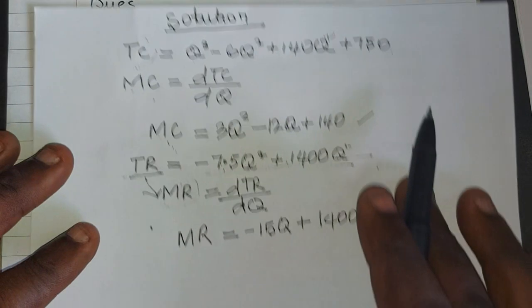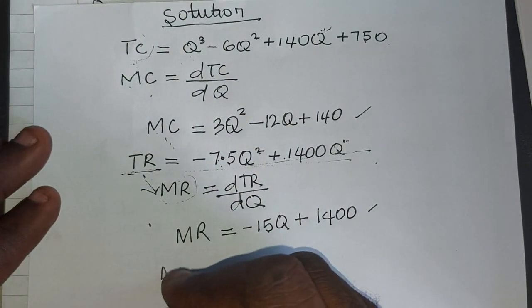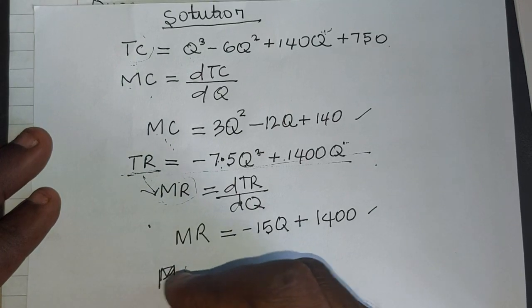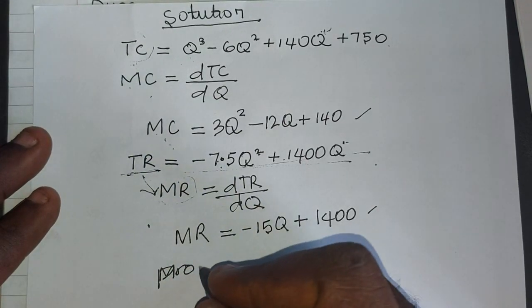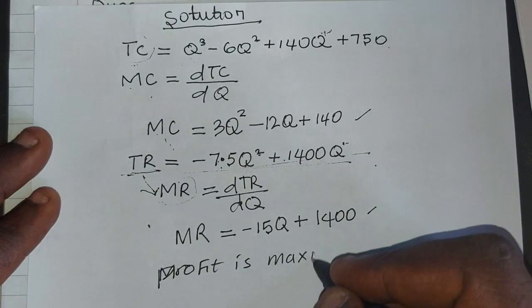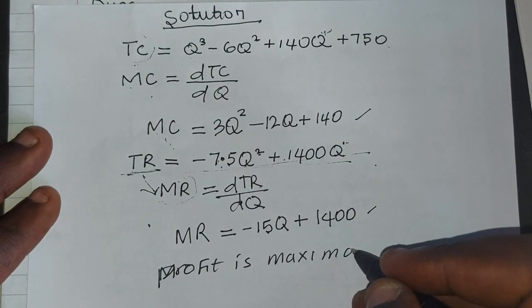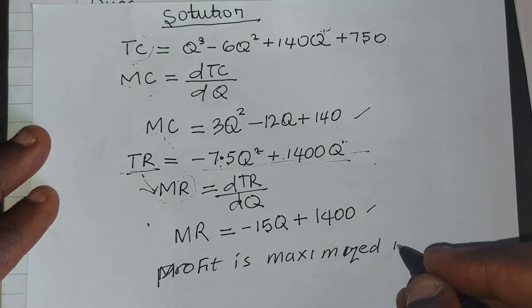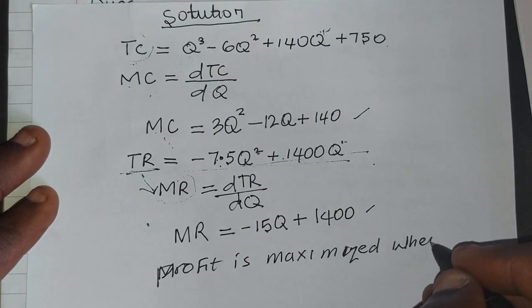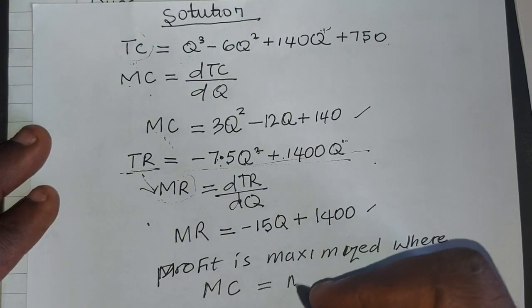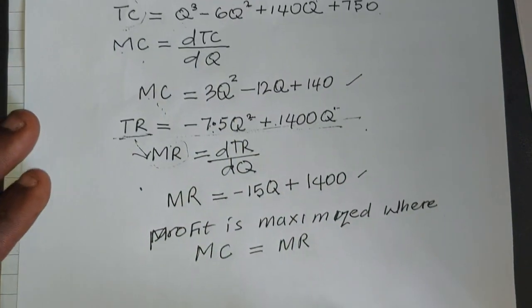So take note: profit is maximized at the point where marginal cost equals marginal revenue.